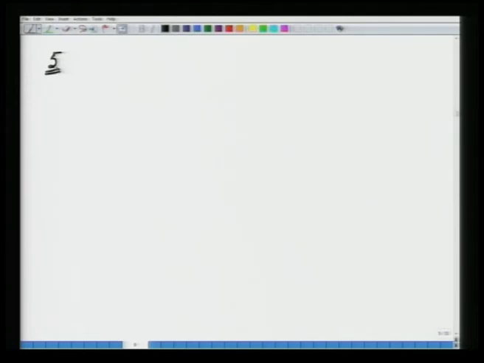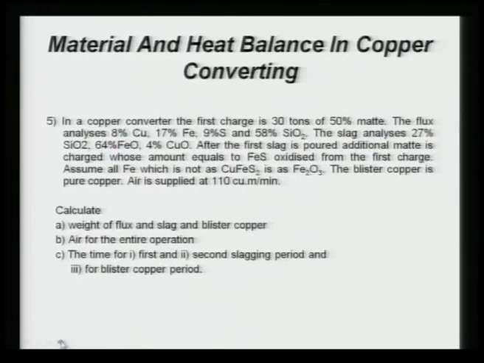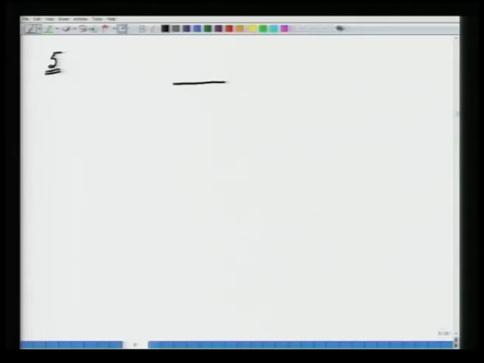Problem number 5 says the charge is 30 tons of 50% matte. Let me represent it here with a block diagram. Here I am charging 30 tons of matte, the copper grade is 50%.